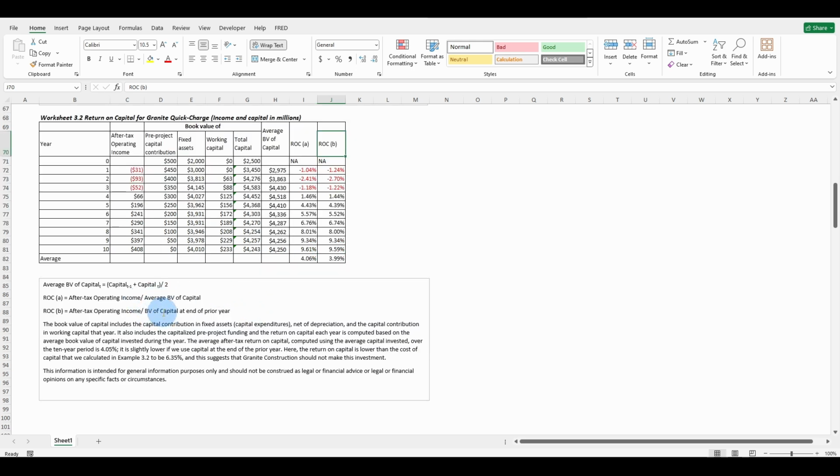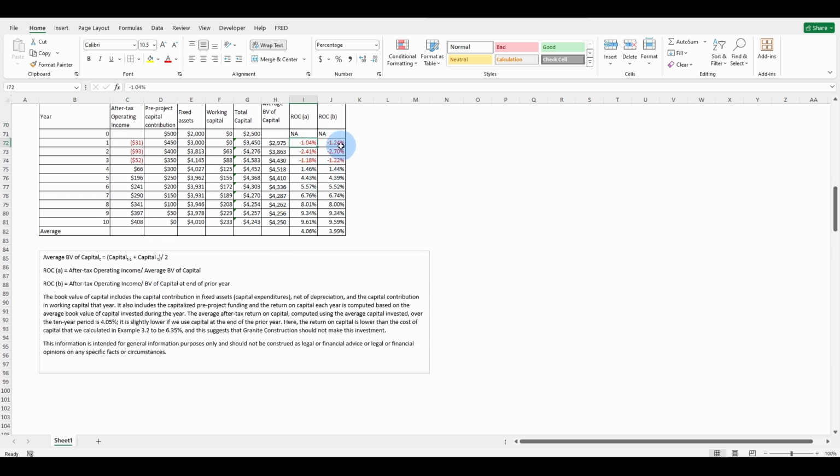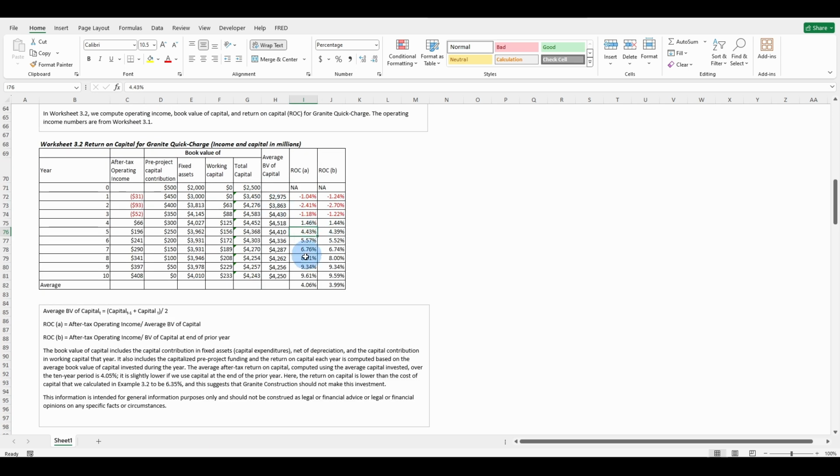Average book value of capital equals capital at the prior year end plus capital, divided by 2. Return on capital A is after-tax operating income over average book value of capital. Return on capital B is after-tax operating income over book value of capital at the end of the prior year. So there are two different ways to compute this. I didn't do either. Whoops. Okay, not a big deal. We'll just use these hard-coded numbers.